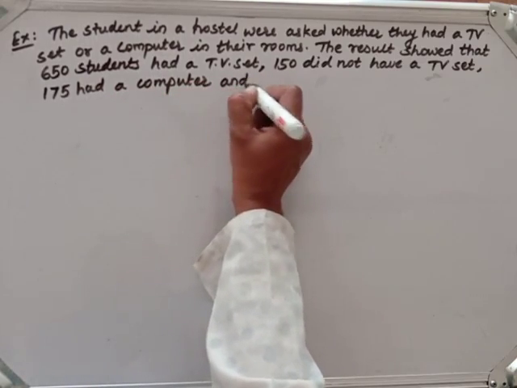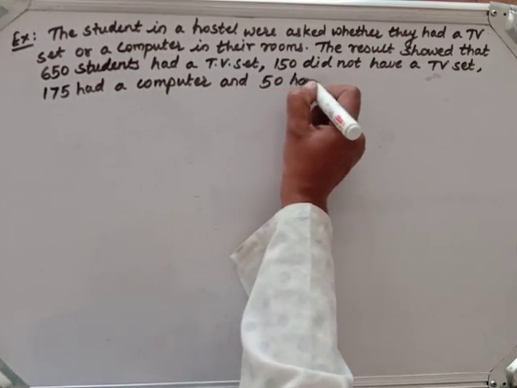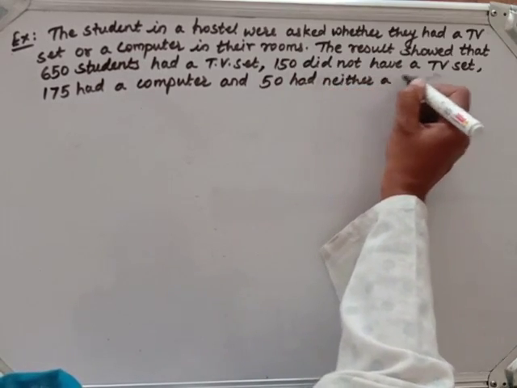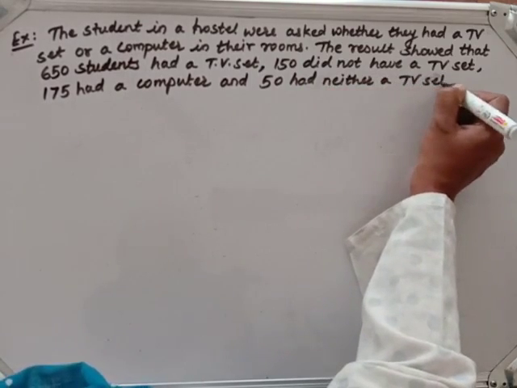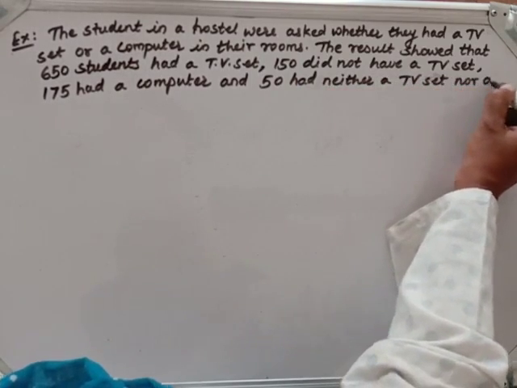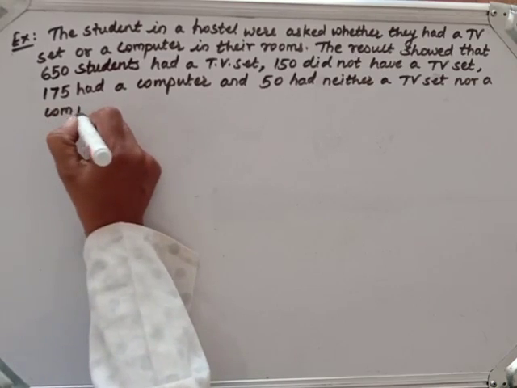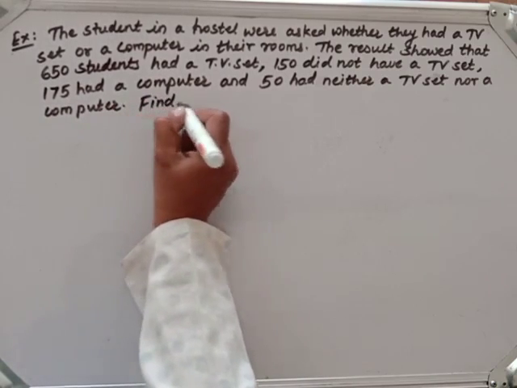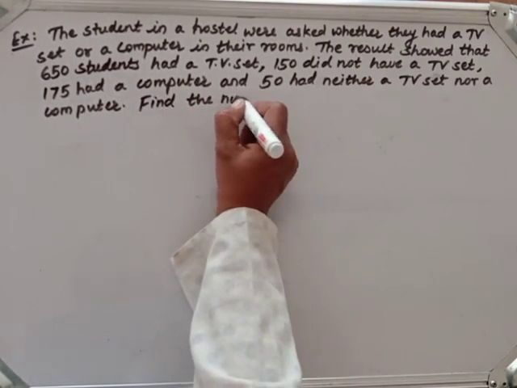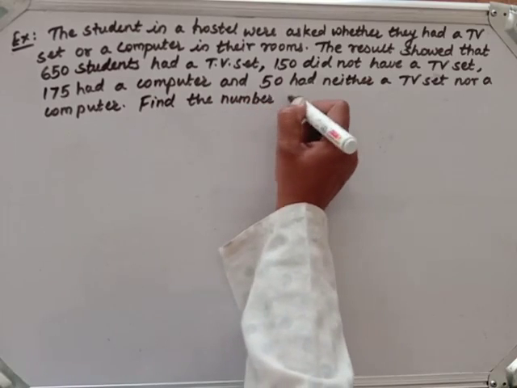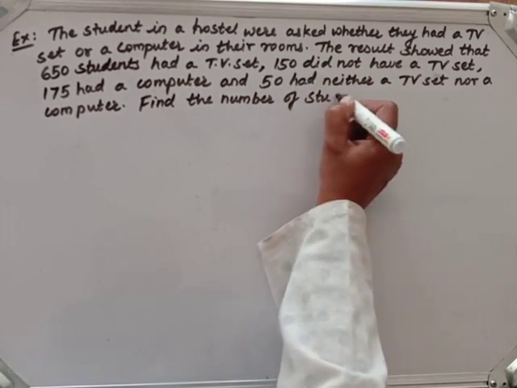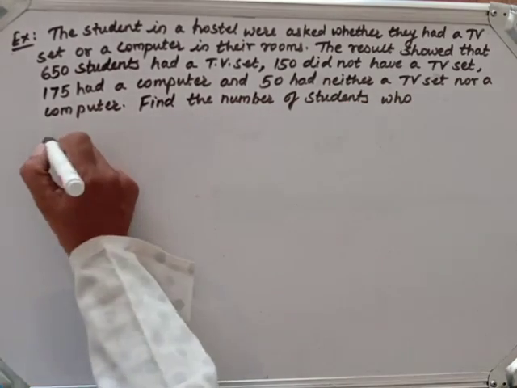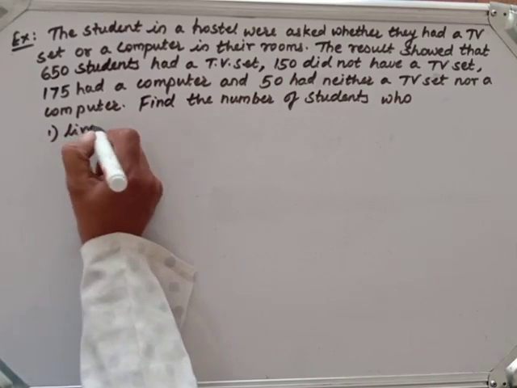And 50 had neither a TV set nor a computer. Therefore, find the number of students who first live in a hostel.